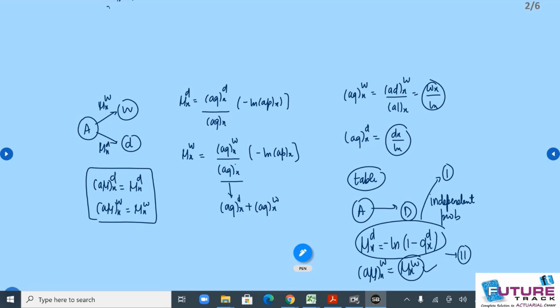So class, we have the formula for AQ xd. It is equivalent to mu xd divided by mu xd plus mu xw into 1 minus e to power minus mu xd plus mu xw. This is the formula we are having. So apply this formula and get the value.